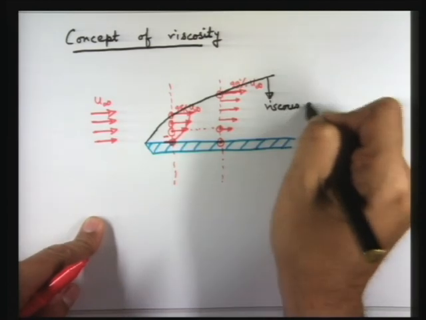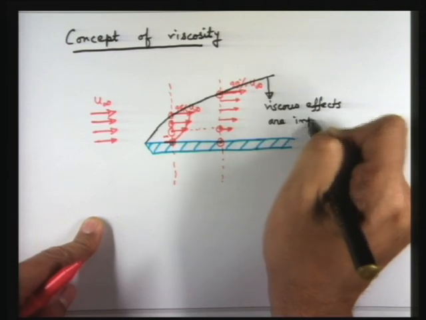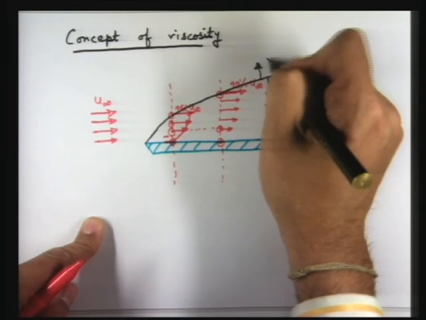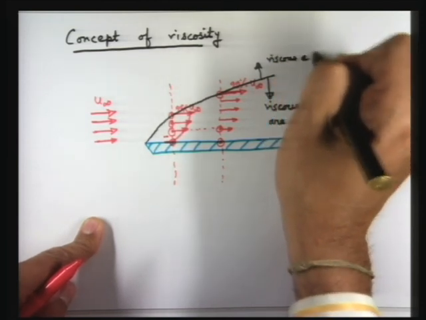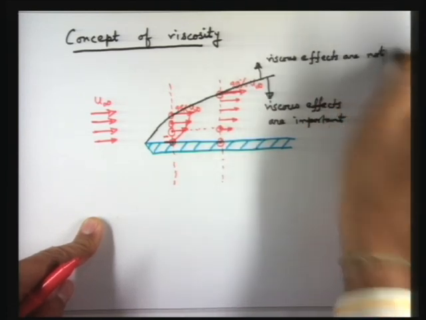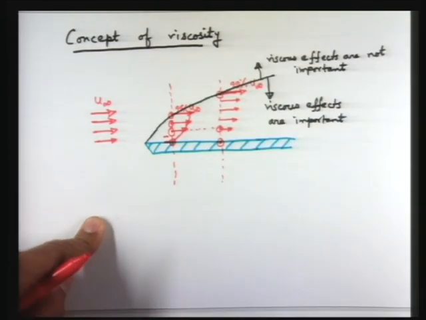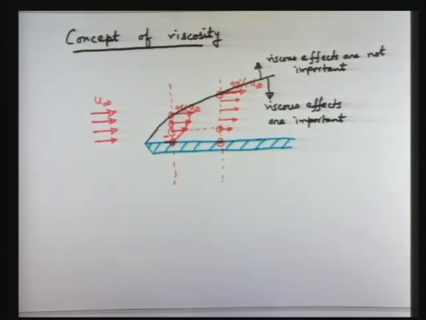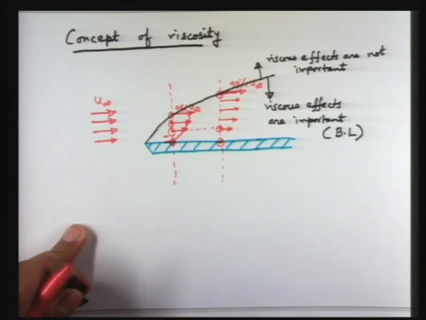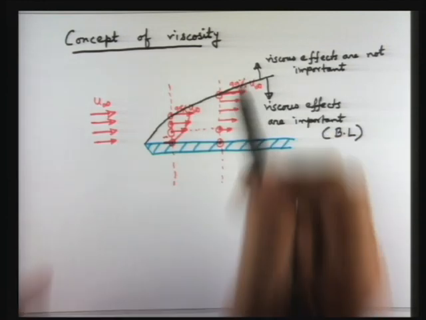So viscous effects are important here, and here viscous effects are not important. The region where viscous effects are important is also known as the boundary layer, and this black line is known as the edge of the boundary layer.